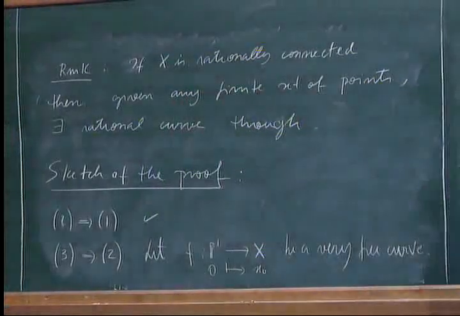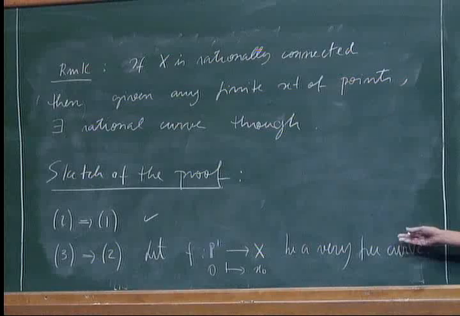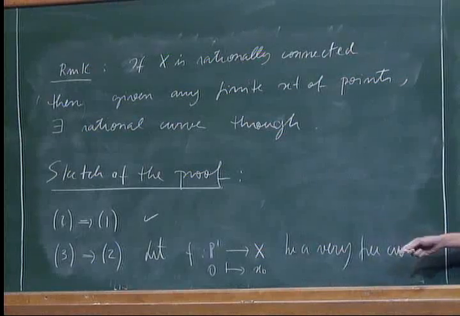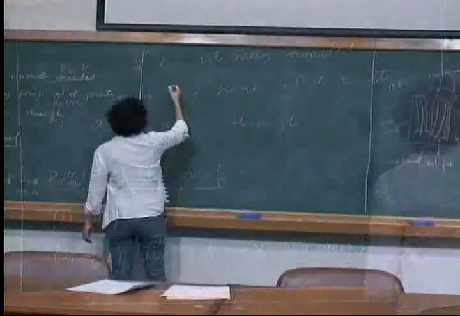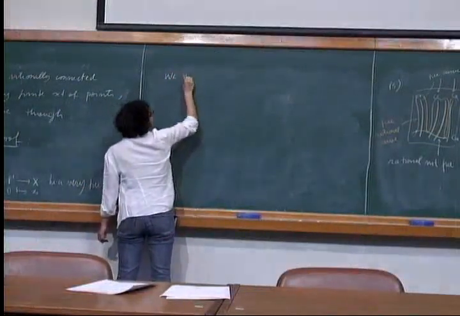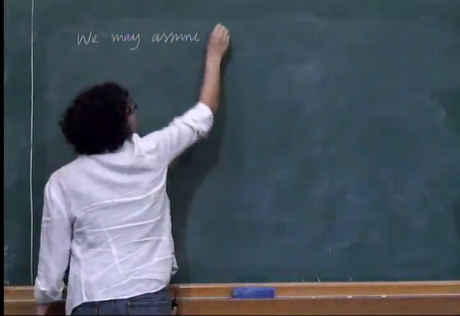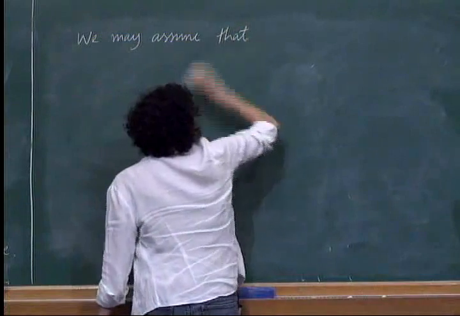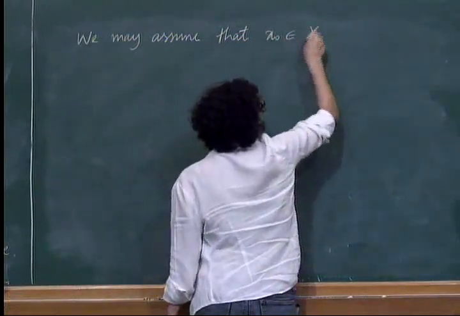As I said, being very free is an open condition, so if necessary, I can deform this morphism to assume that x0 belongs to X free.